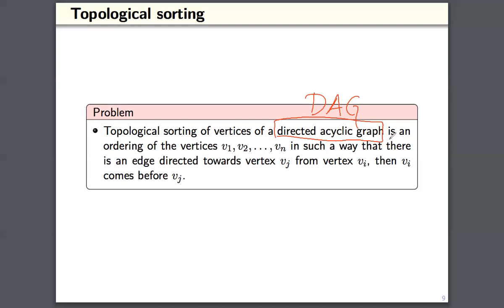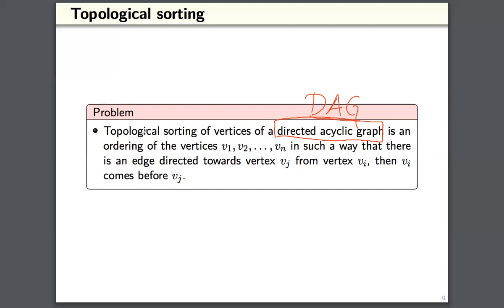If there is a cycle, then there is no topological order. You cannot topologically sort. We will see an example later, and the reason why. It has to be acyclic. There shouldn't exist any cycle in that graph. It should be a directed acyclic graph. Then there exists a topological sorting.